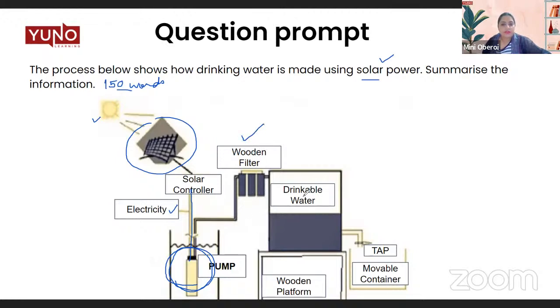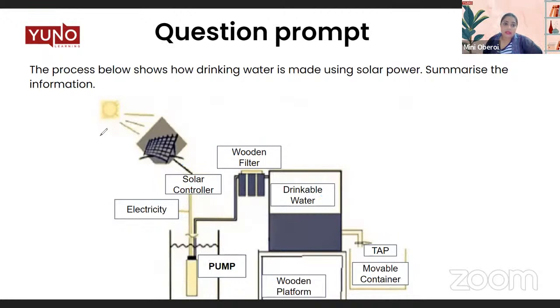Then it is further filtered and the water becomes drinkable. The drinkable water is placed on a wooden platform. Then there's a tap which is attached to this container. And then there's a movable container, maybe for transportation or for sending out this water, distributing it for drinking purposes, right?